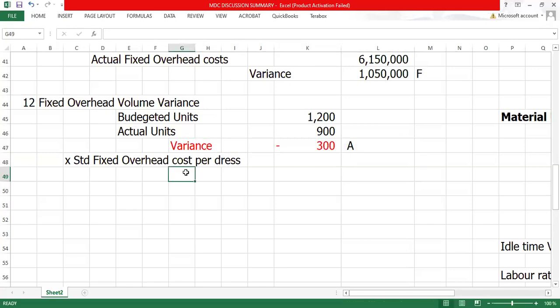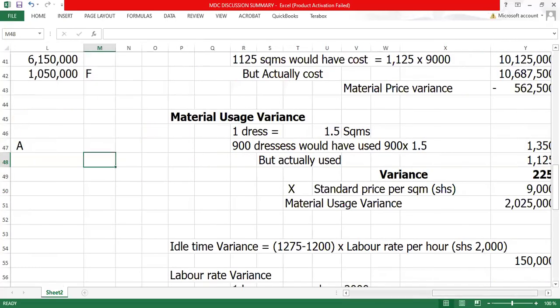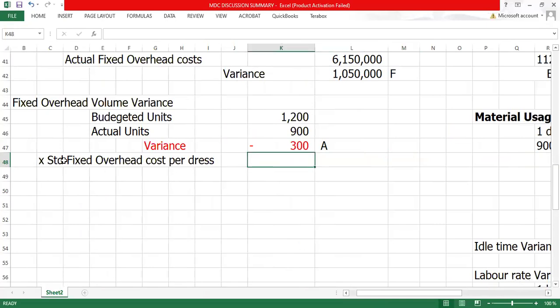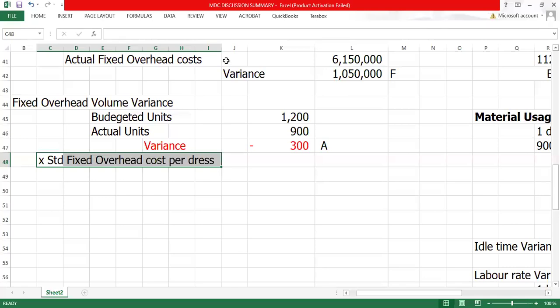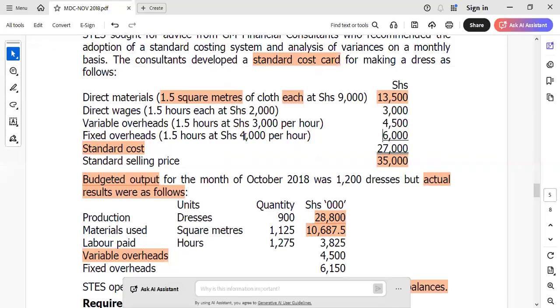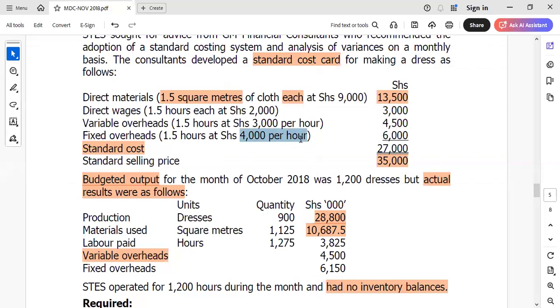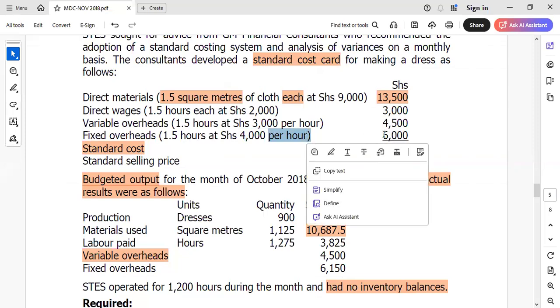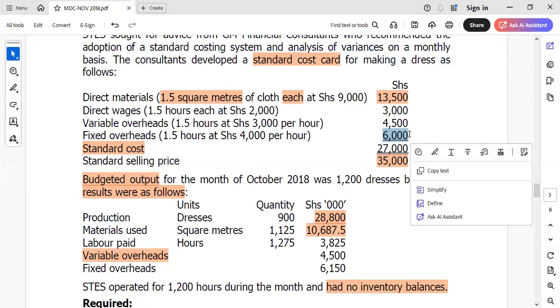We want to convert that into an amount. So how can you get fixed overhead cost per dress? Do you have it? This 4,000 is overhead per hour, not per dress. So fixed overhead cost per dress, do you agree that it is 6,000?